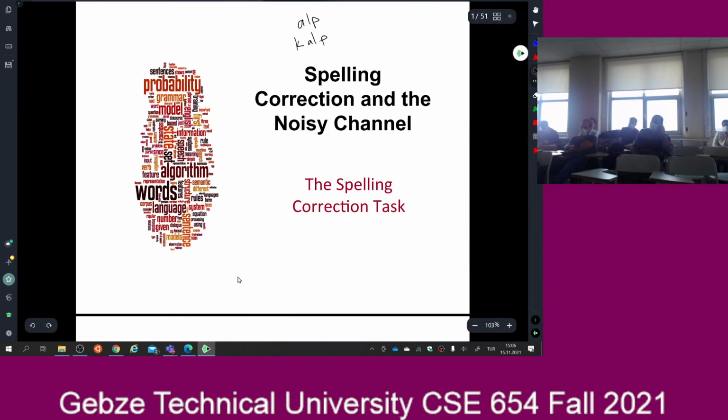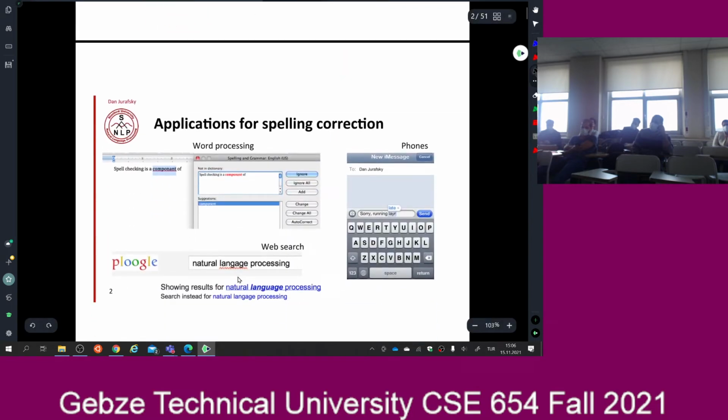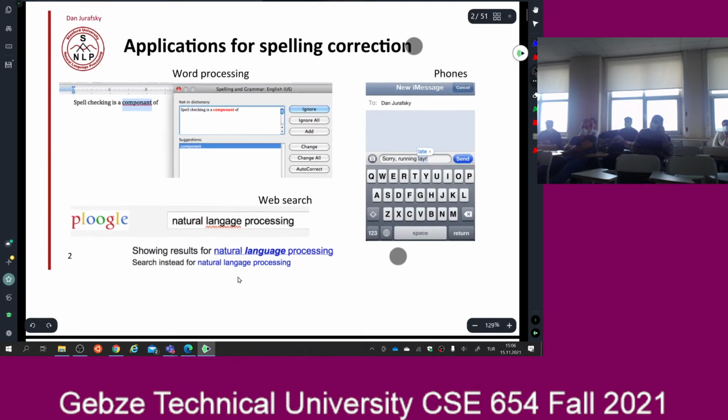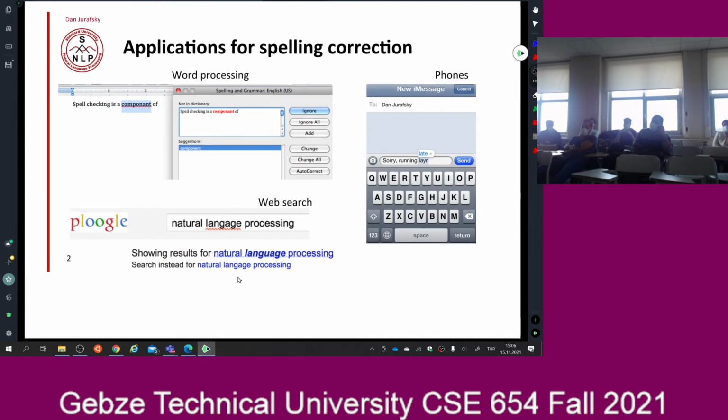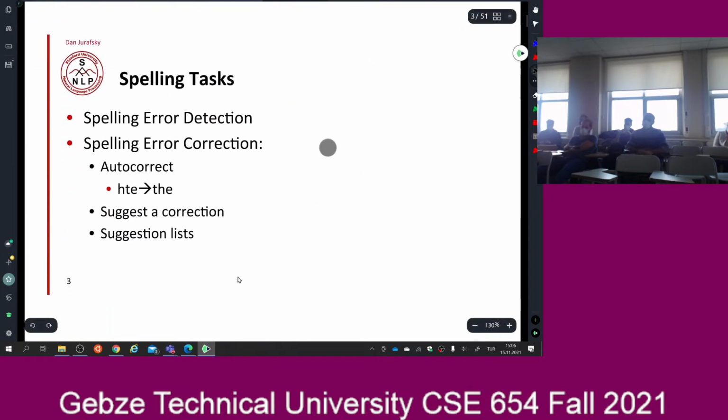So this is going to talk a little bit about minimum edit distance and etc., but okay, we already know that. Okay, so spelling correction happens a lot when you are typing something. You always need help from the computer to correct those misspelled words, and we are going to look at this problem.